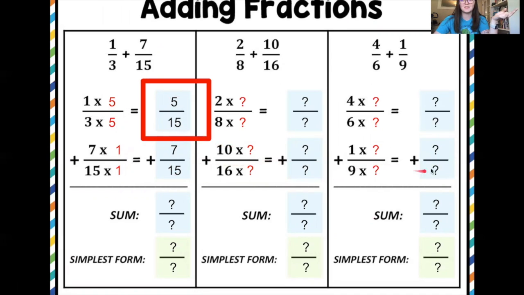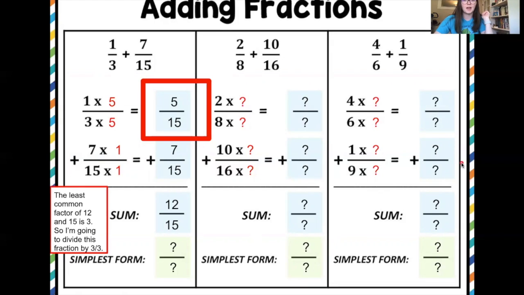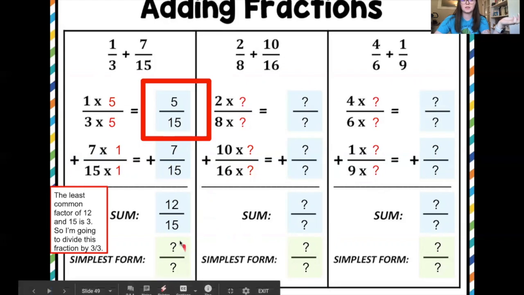5/15 plus 7/15. Do I add my denominators together? No, my denominators stay the same, okay? So my answer is going to be 12/15, because 5 plus 7 is 12, and our denominators do not get added together. All right, so now we need to find the simplest form of 12/15.